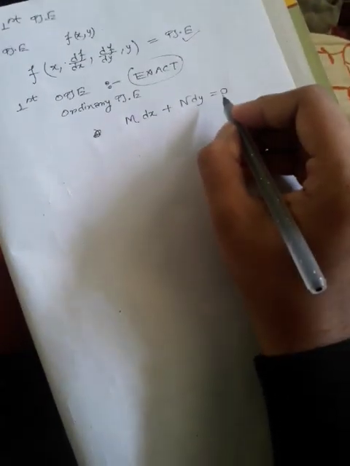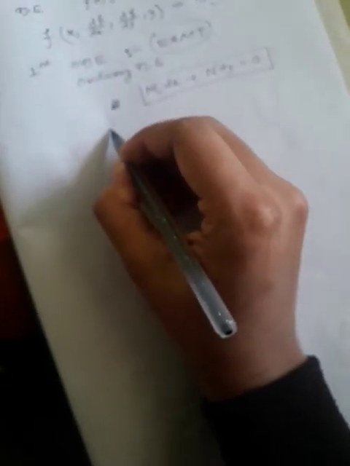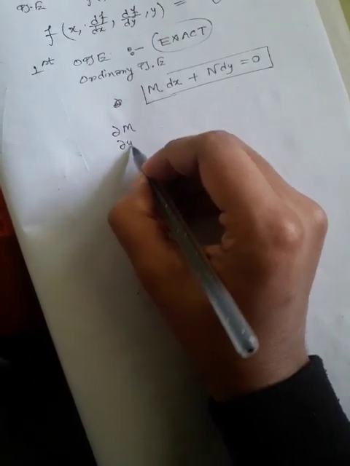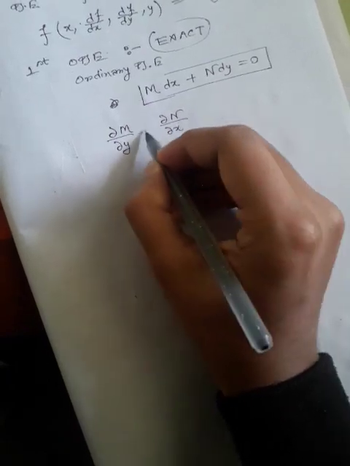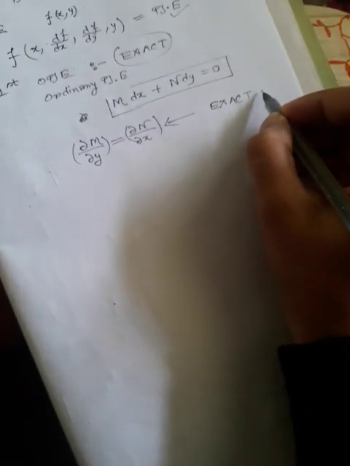If our ODE is given in this form, and secondly, if del M by del y and del N by del x are equal to each other, then this condition implies the exact form of this ODE.